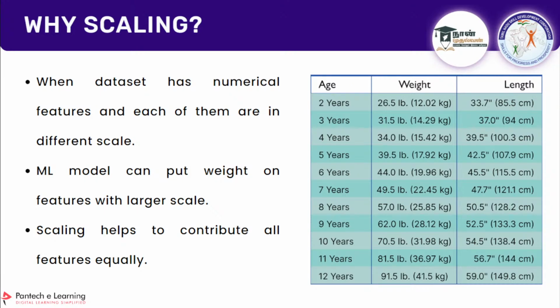Or if you go with robust scalar, it works based on the interquartile range, so that outliers won't affect it. We finally have converted values, mostly decimal points. So when you give that to the machine learning model, there won't be any extreme features or bias for the machine to put weight on. It will contribute all these features equally. Clear? That is the core concept behind normalization, standardization or scaling.